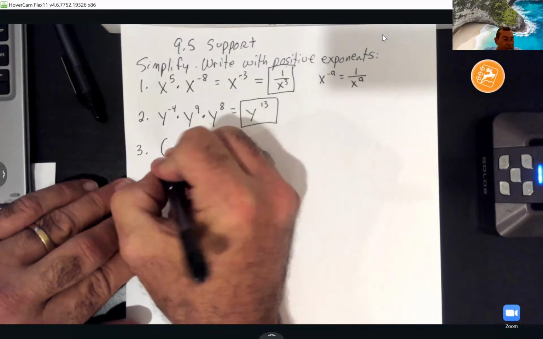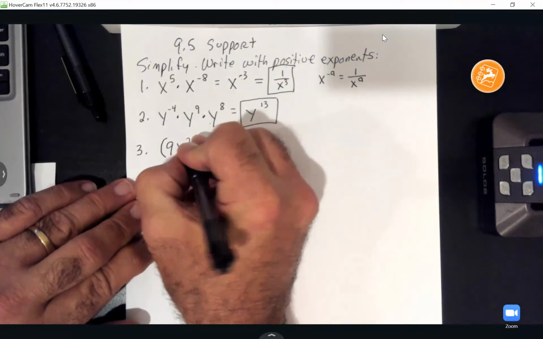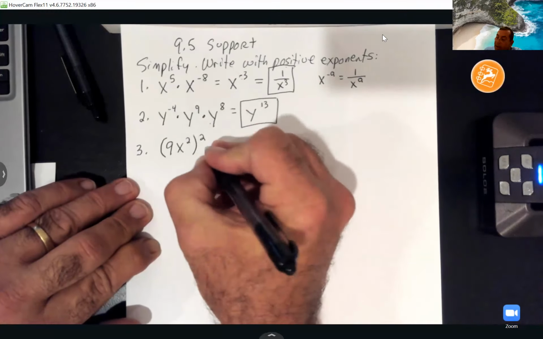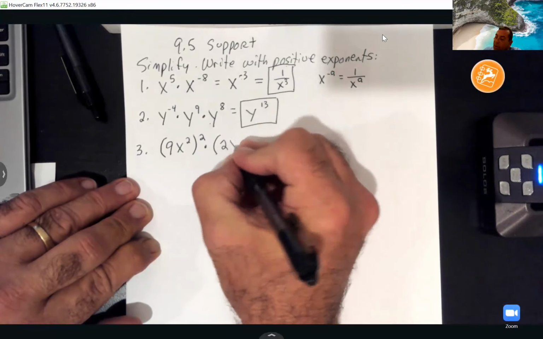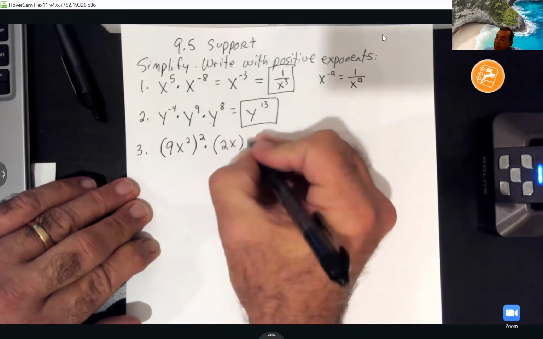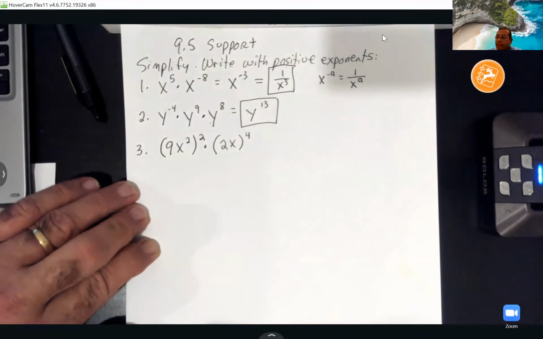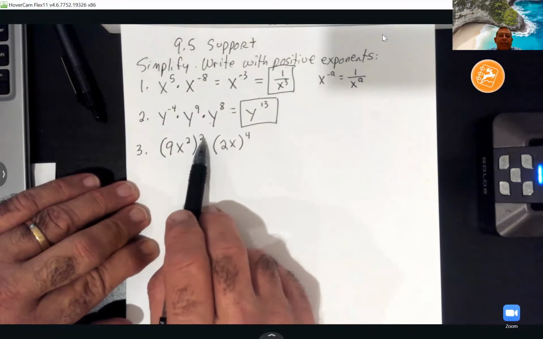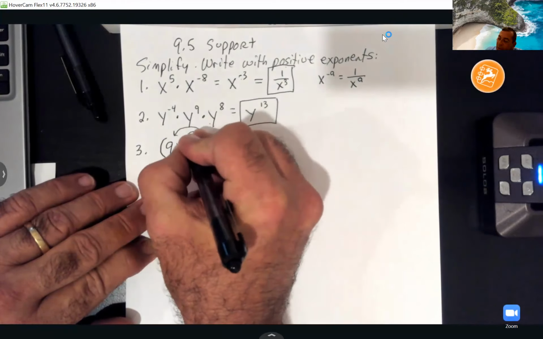All right, y'all, how about if I do a 9x squared, all squared, times a 2x to the 4th, all to the 4th. Before we can multiply these, we have to take care of these exponents. These exponents are going to distribute.